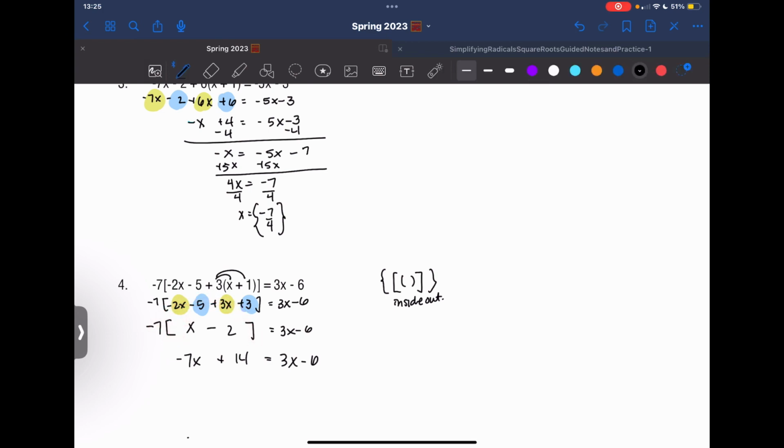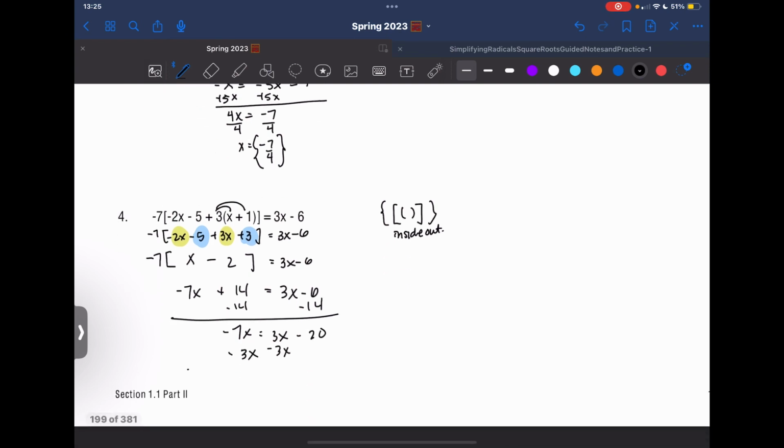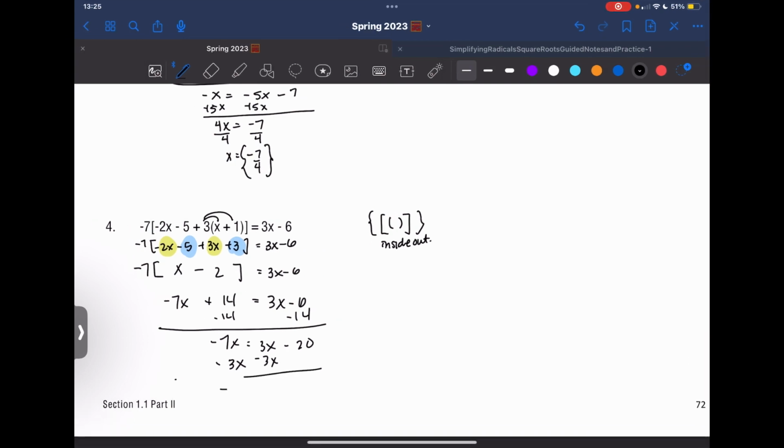And then you're going to solve for x, subtracting 14. So then I get negative 7x equals 3x minus 20. So then we're going to have negative 10x equals negative 20. Divide both sides by negative 10. X equals 2.